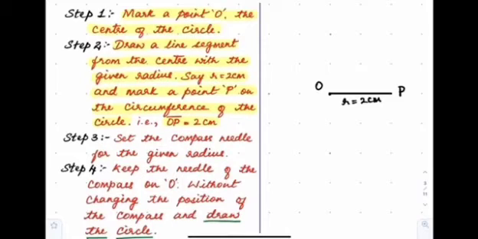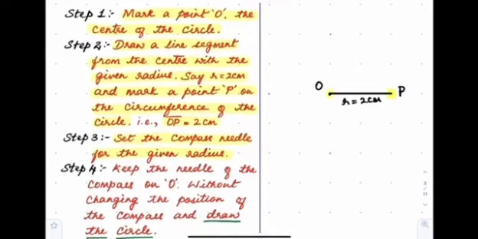Now for the next step, what does the next step say? Set the compass needle for the given radius. So we need to set the compass needle for the given radius. We will keep the needle at this point O. Then we set the pencil side to P, so that the distance is 2 centimeters.